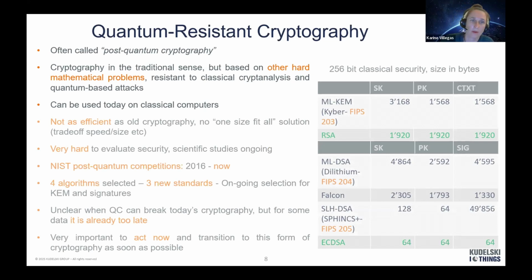However, what is clear today is that the candidates that have been presented through the NIST competition since 2016 are not as efficient as RSA or elliptic curve-based cryptography were in terms of private key size, public key size, or ciphertext or signatures.